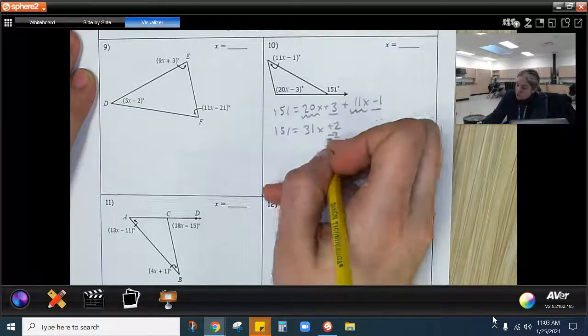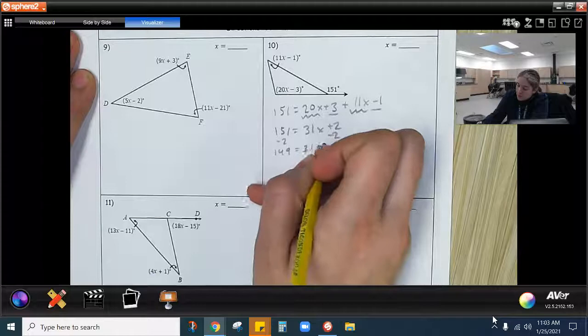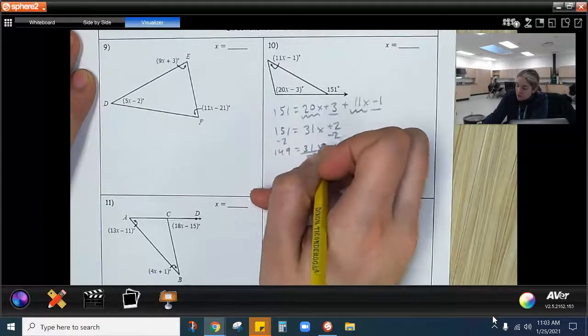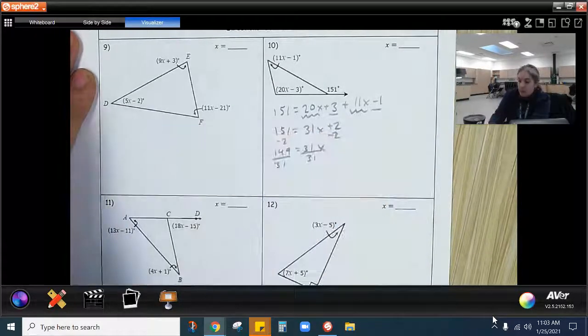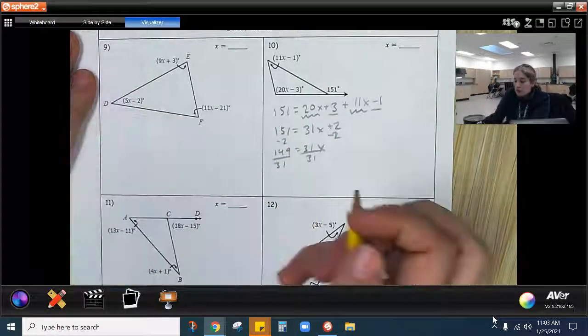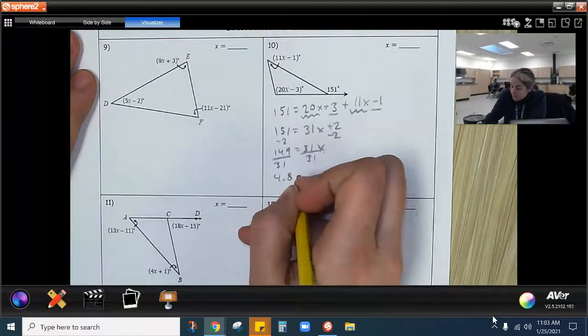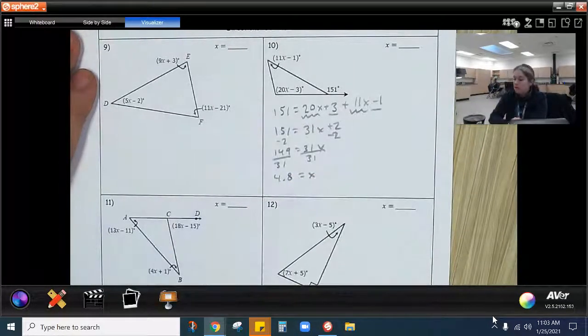I can subtract 2 on both sides. So now I'm at 149 equals 31x. When I divide by 31 on both sides, I get 4.8 is equal to x. Technically, it'd be 149 over 31, but I will allow you to round it to a decimal in this case.